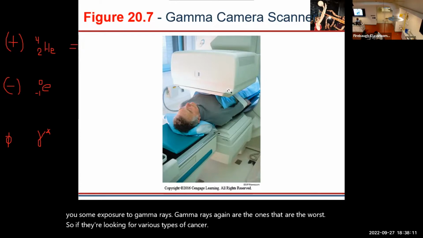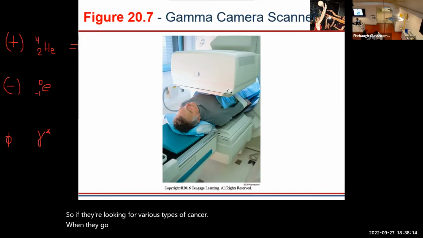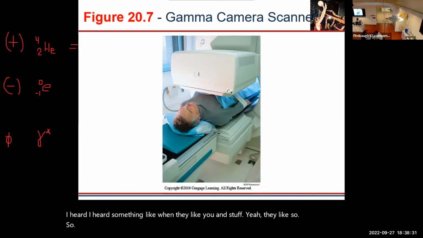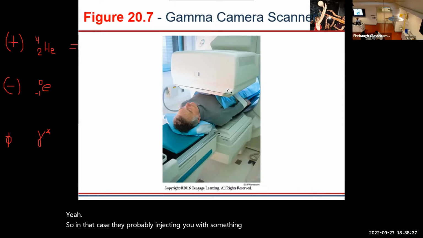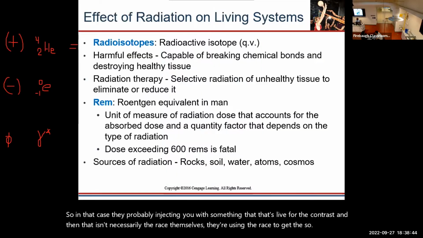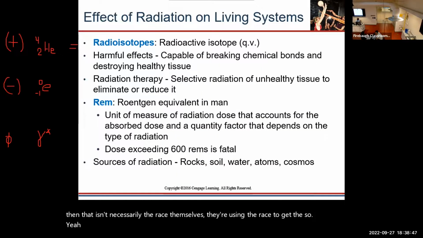Gamma rays are really cool. In that case, they probably injected something with a lot of contrast. Yeah, it's cool.